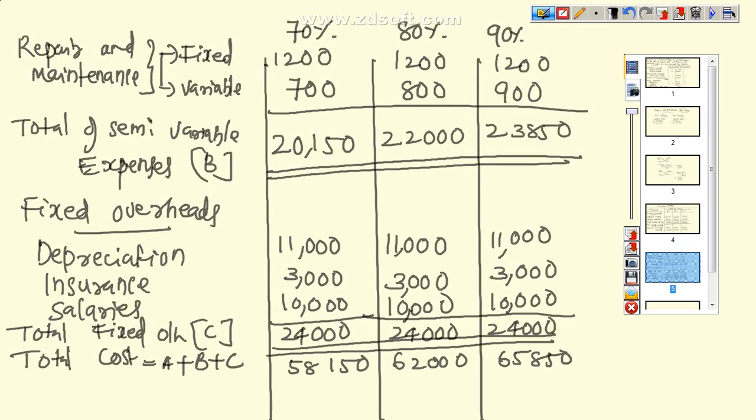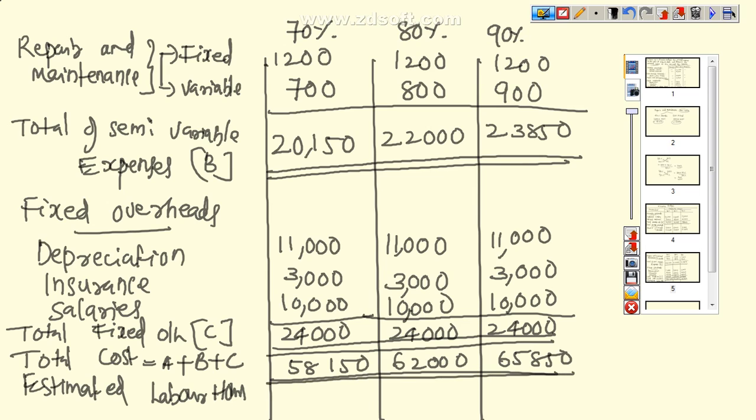So we write it here, estimated labor hours for 80% capacity it is given 1,24,000 hours. So we have to calculate for 70 and 90, same calculation.